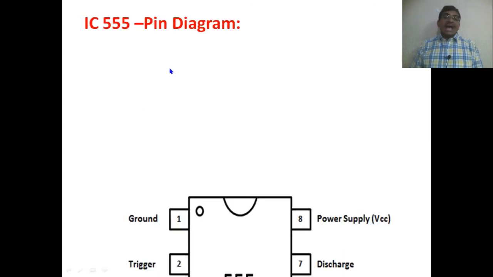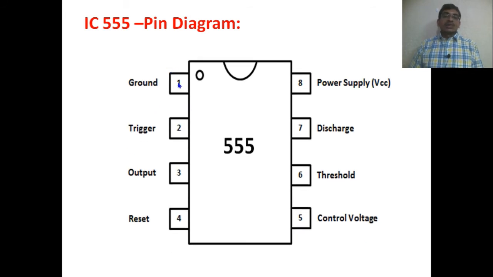In the IC 555 pin diagram, the first pin is the ground terminal, the second pin is called trigger, the third pin is the output, the fourth pin is reset, the fifth pin is control voltage, the sixth pin is threshold, the seventh pin is discharge, and the eighth pin is the supply voltage VCC.